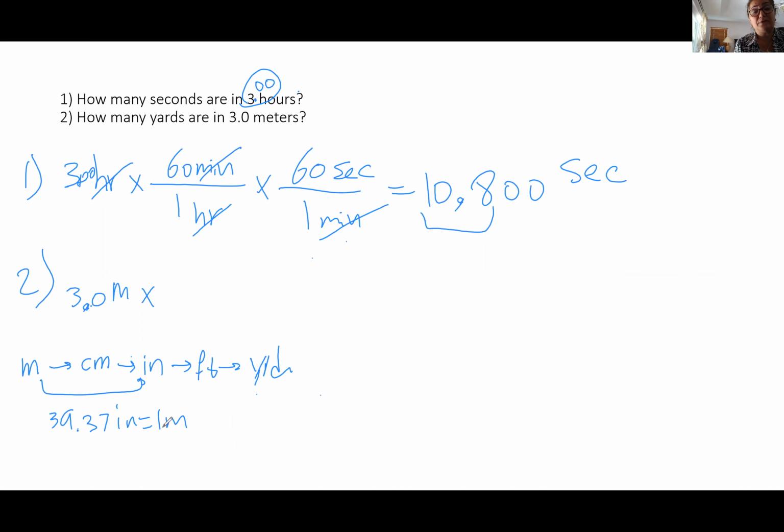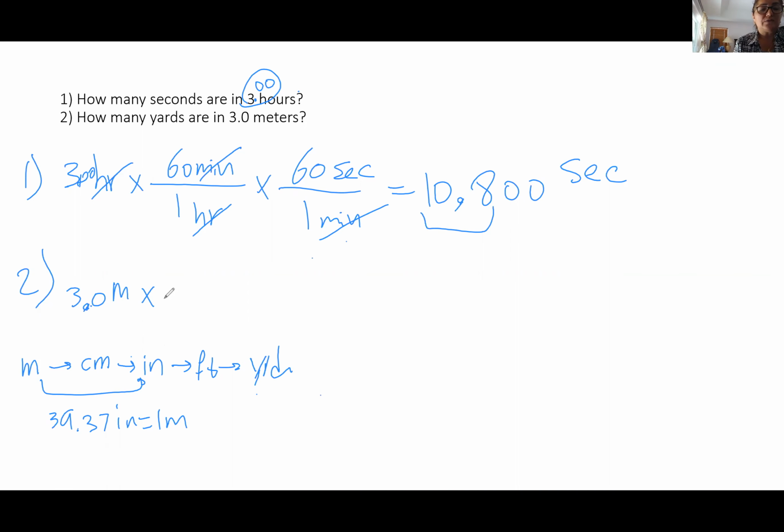But if you don't remember this, going from meter to centimeter is easy. There are 100 centimeter in 1 meter, and then 2.54 centimeter is 1 inch, and 12 inches is 1 foot, and 3 feet is 1 yard.